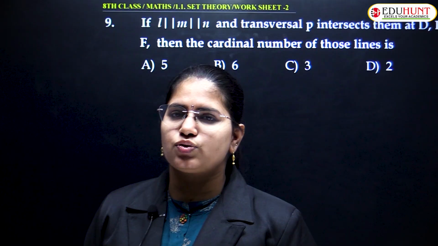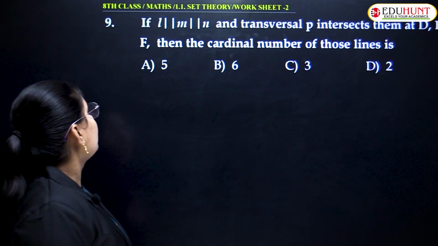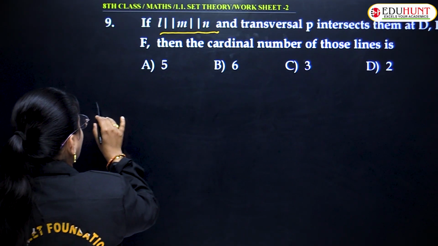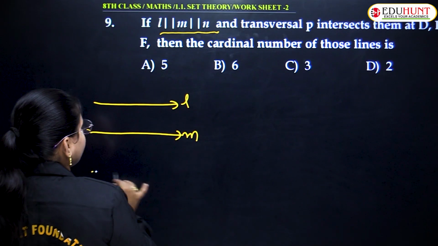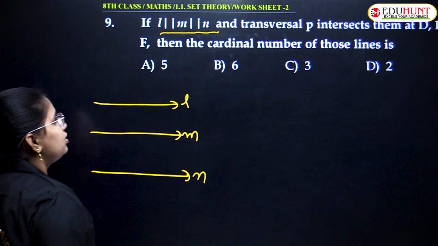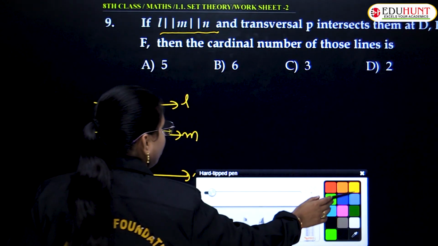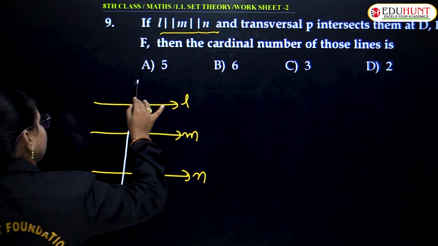So what is my next question? Read out the question along with me. If line L is parallel to line M, M is parallel to N, and the transversal P, so always the transversal will be in the opposite direction.